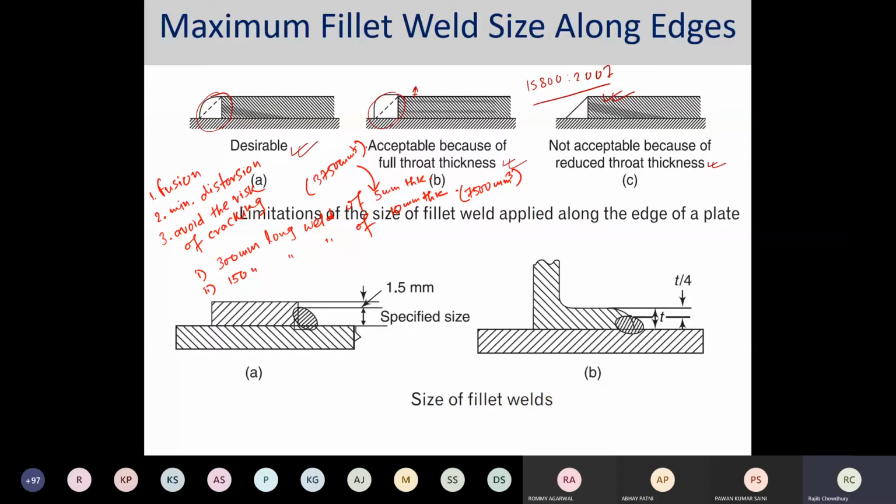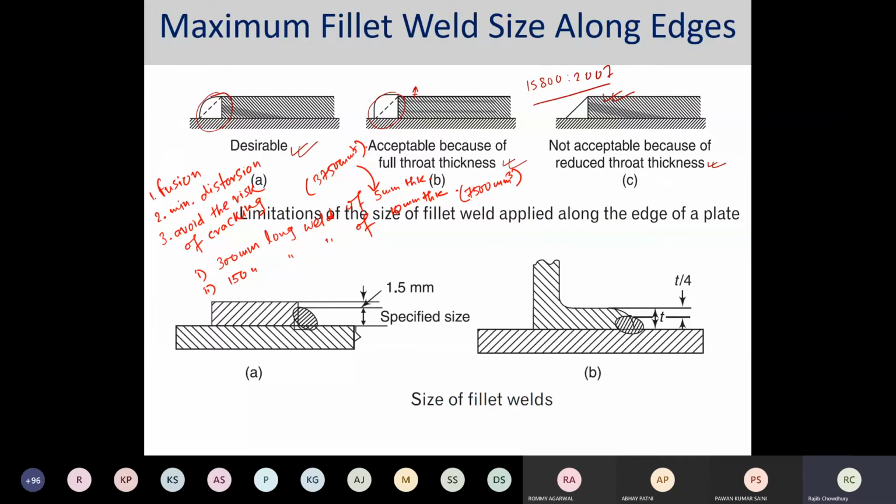The volume is directly proportional to the weight, so your weight increases as you increase the volume of the weld. So you have to choose carefully, because both are giving the same strength.